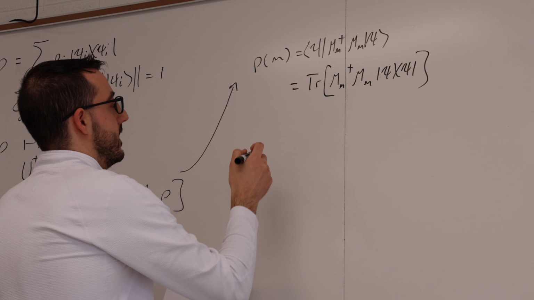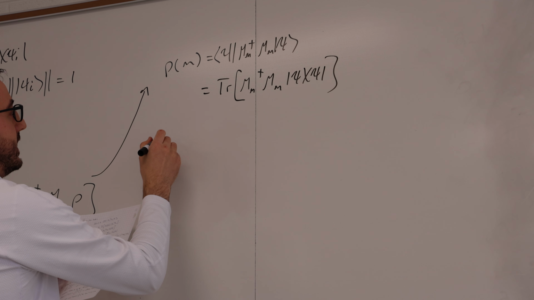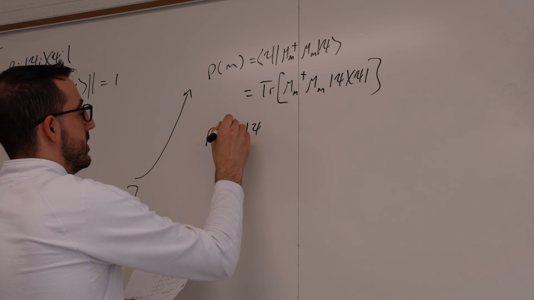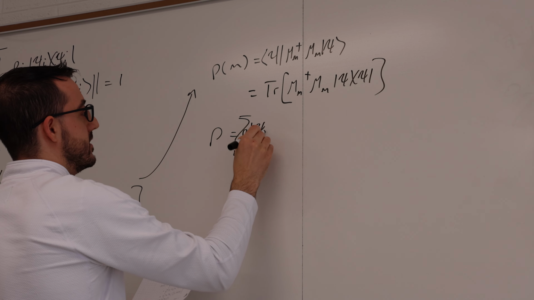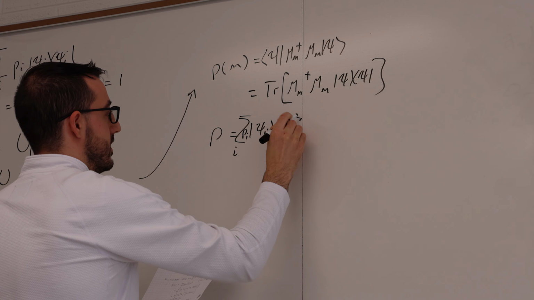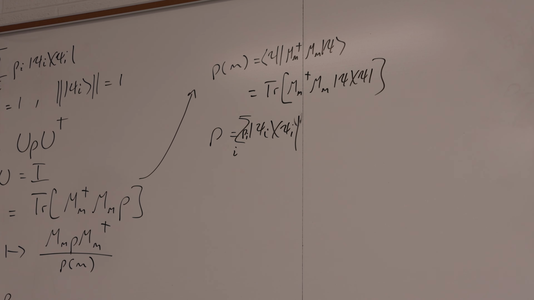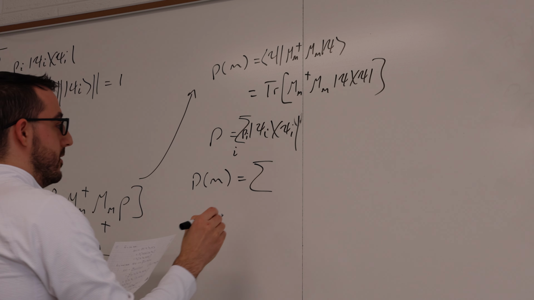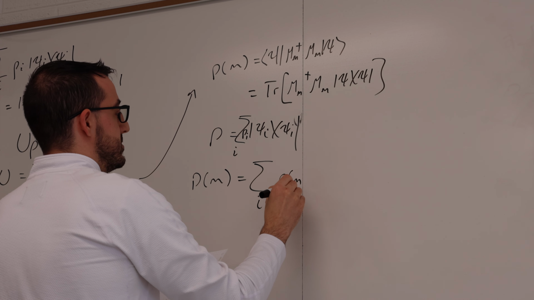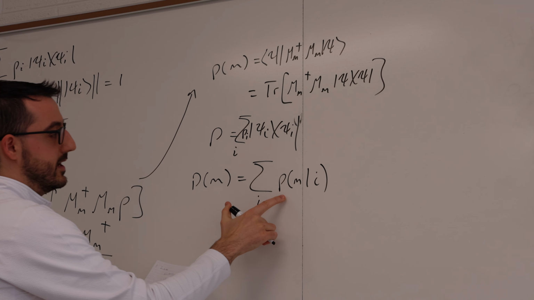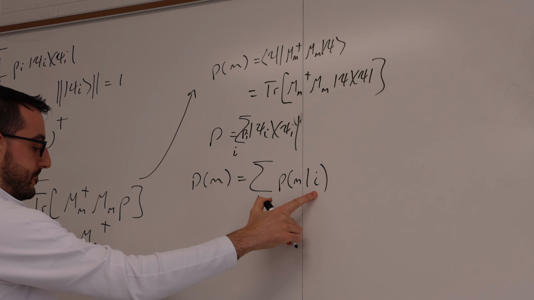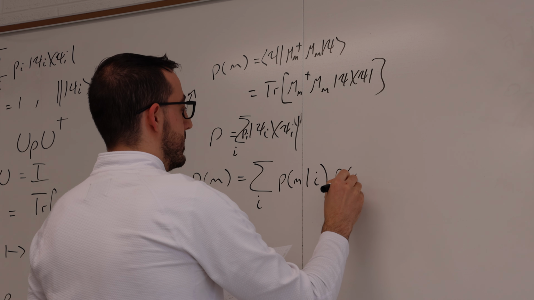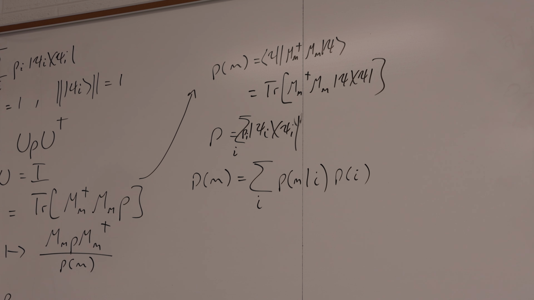So, as we'll come to know it as a mixed state, now if I have rho being the sum over i of p_i psi_i, then I just do this individually for each one, and I use the linearity property. So formally in this case, the probability of m will be a sum over i of the probability of measurement outcome m, conditioned on the state being in system i, times whatever the probability of outcome i is.